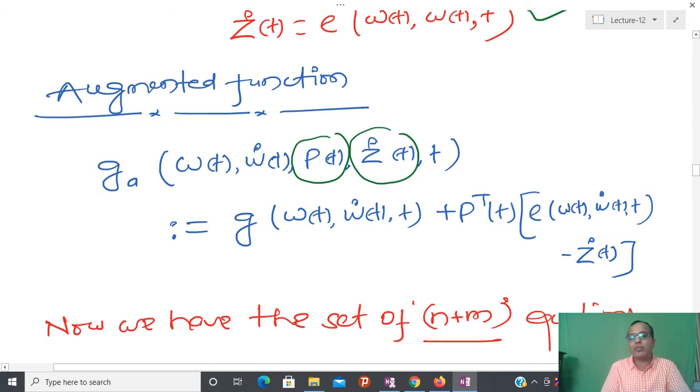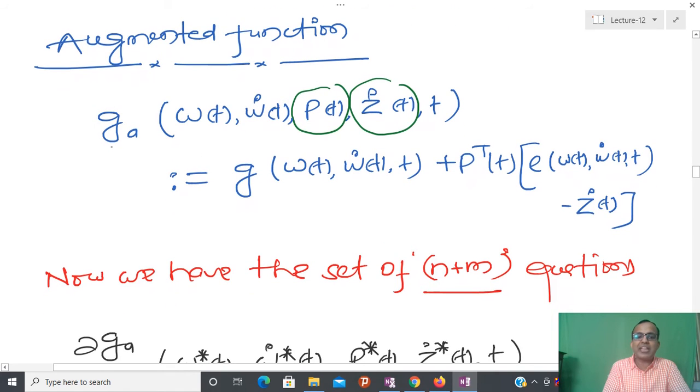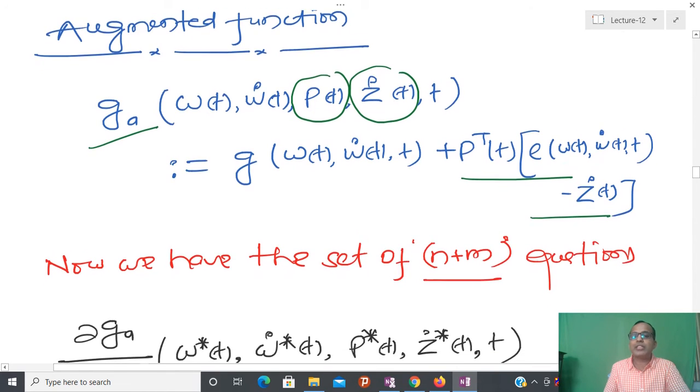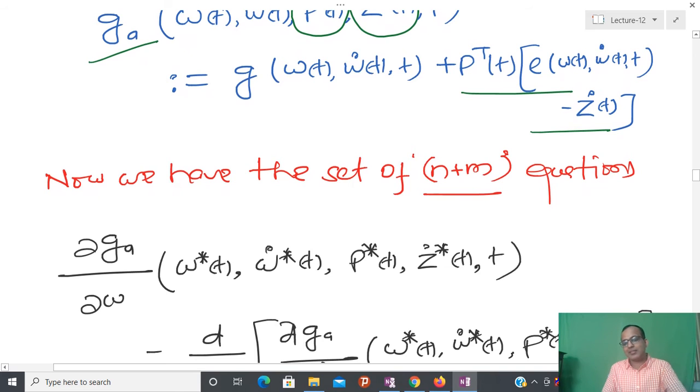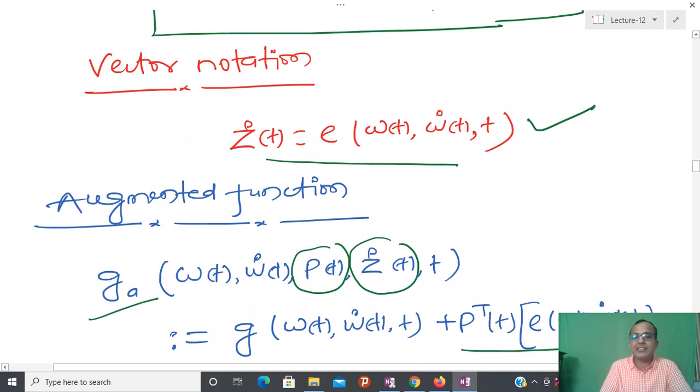After that I have z dot, because in this equation you can see that z dot is involved, so I am assuming the augmented function contains these arguments, and again you can define the augmented function in the same way. Now you can solve the Euler equation as in the previous case, and at the same time you have to enforce that the differential equation constraint, given by this, is satisfied.